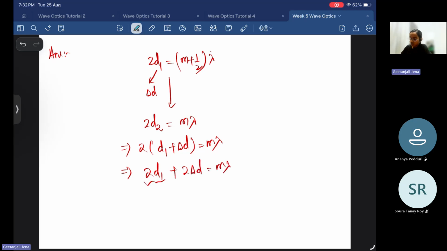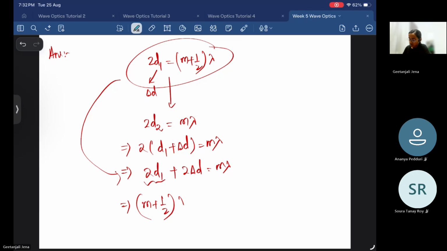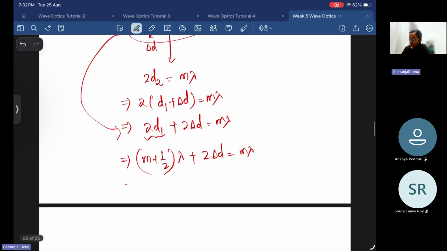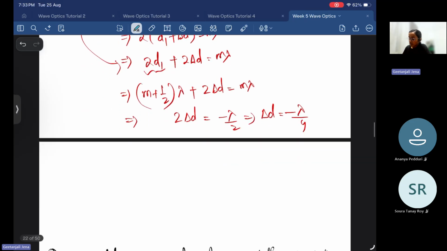So 2d1 we can use here. So this is (m plus half) lambda, so 2 delta d is minus lambda by 2, or delta d is minus lambda by 4. The value of lambda is given, it is 600 by 4, that means 150 nanometer.